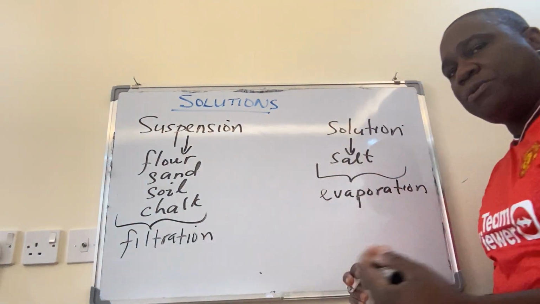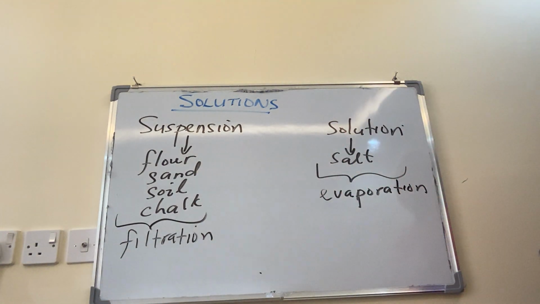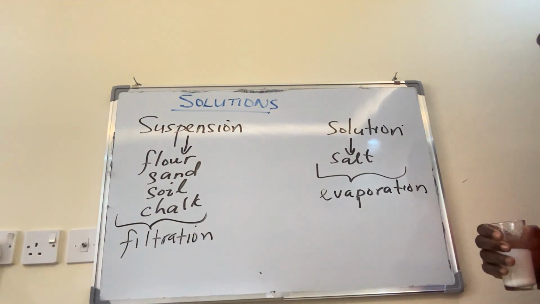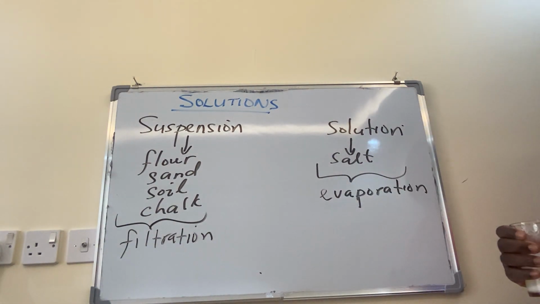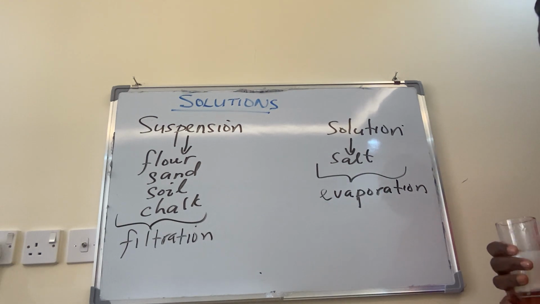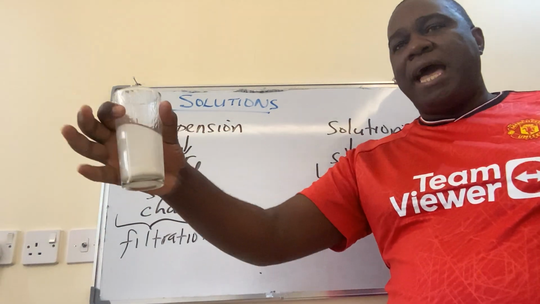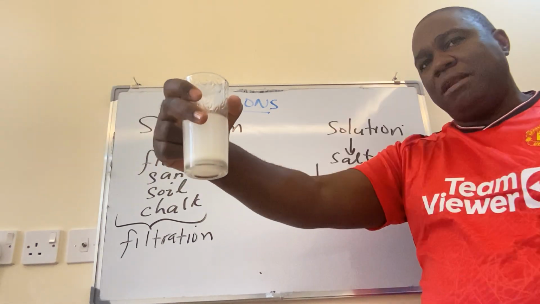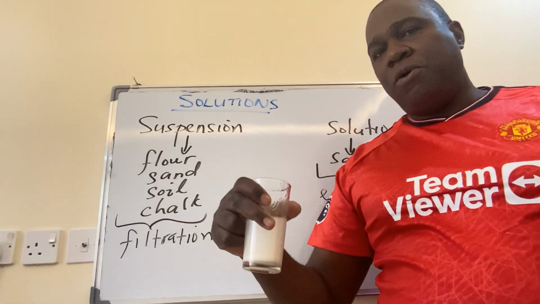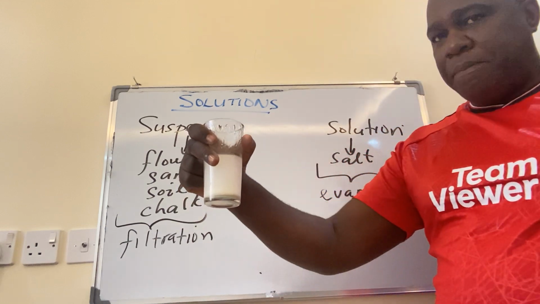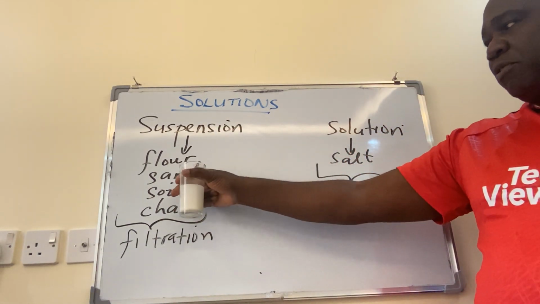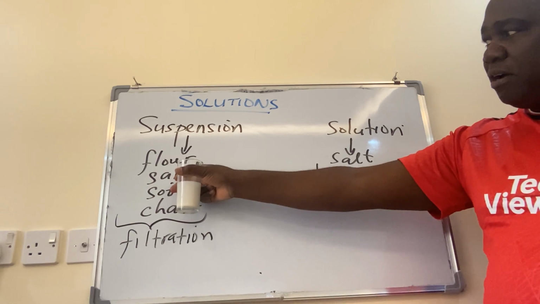I'm just trying to link methods of separation to this topic so that you'll remember that we are forming a physical change here, and these are not chemical changes. We can simply reverse it. I can stir and then filter. If I filter, I'll get my water back and the flour will be trapped by the filter paper. So I would use filtration for separating my flour from water.